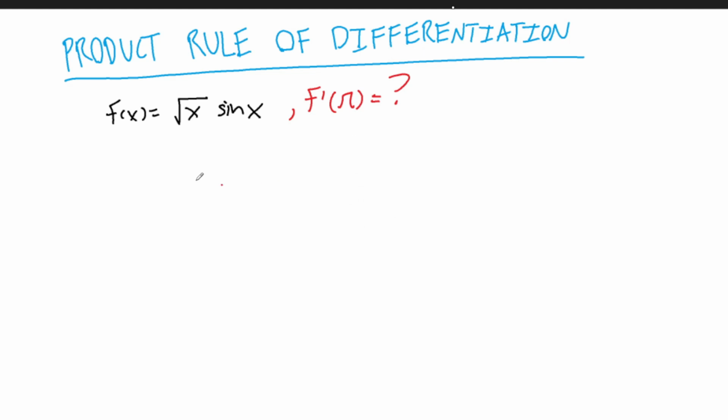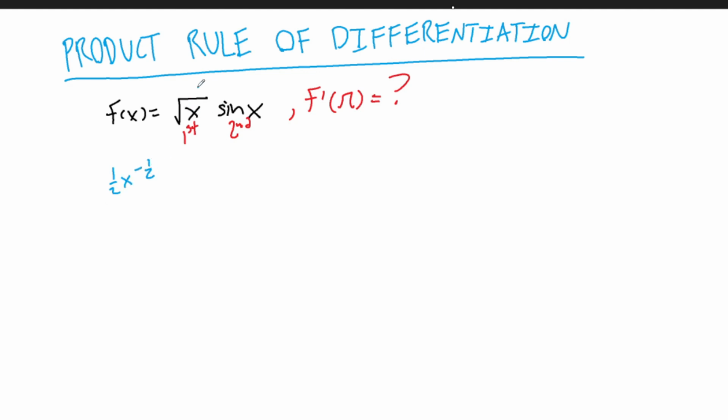Okay, so we know we're using product rule because we're multiplying the square root of x by sine x. So first, let's take the derivative of the first part, right? This is our first part, and this is our second part. So let's take the derivative of our first part, which derivative of square root x is 1/2 x to the negative 1/2, right?